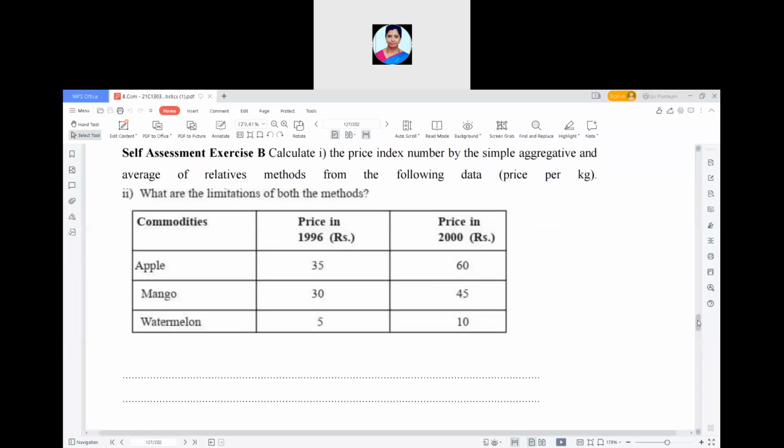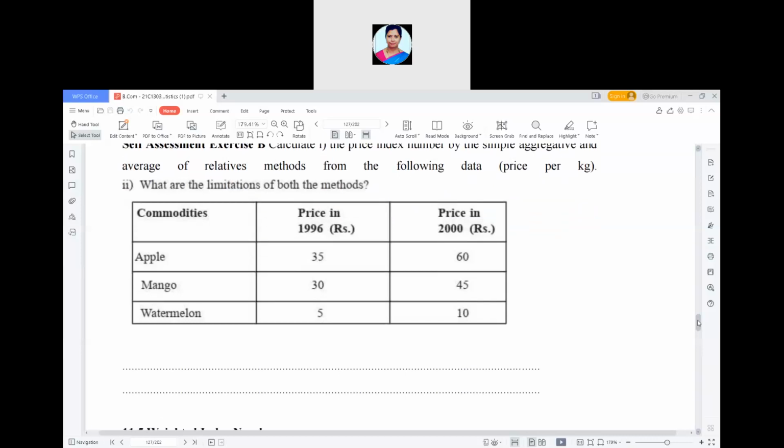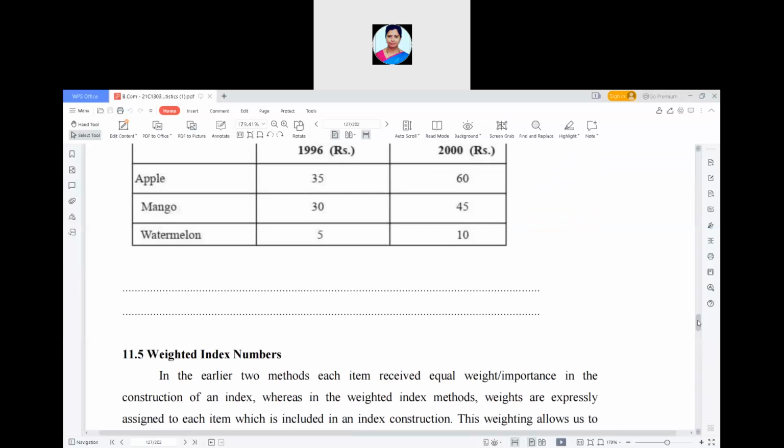And then say what the limitations of both these methods are.